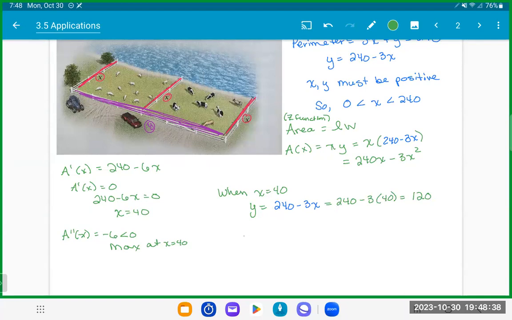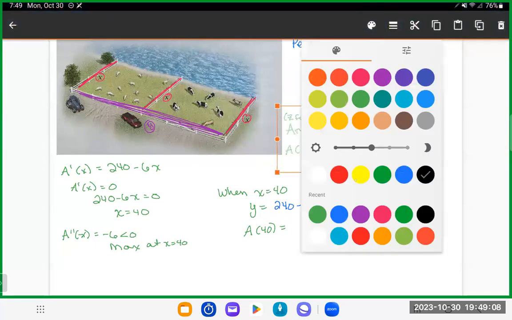Now I want to evaluate my A at 40. Okay, and my A prime at 40. Wait. Oh, no, we want to, not our A prime. We want to just go back to our original function here, right? So let me, I want to make this here a different color so I can pull that out for y'all.